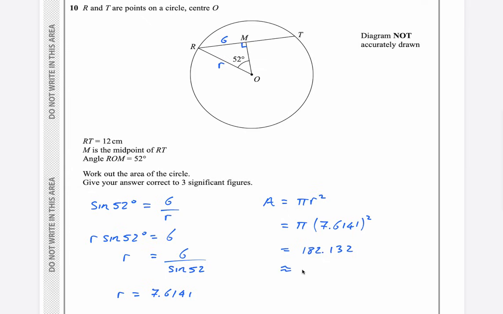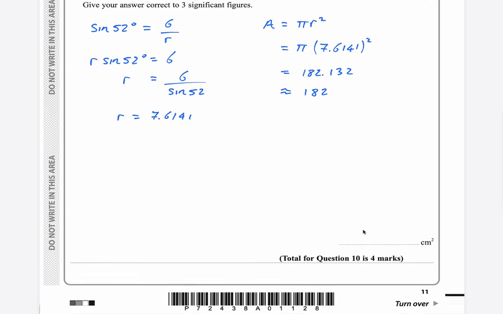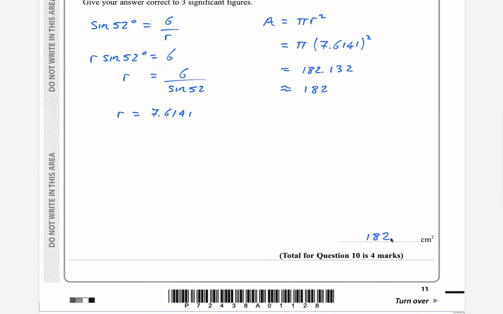And then to 3 significant figures, 182. The third significant figure, that's a 1, so I just leave it like that. So it's 182 centimeters squared.